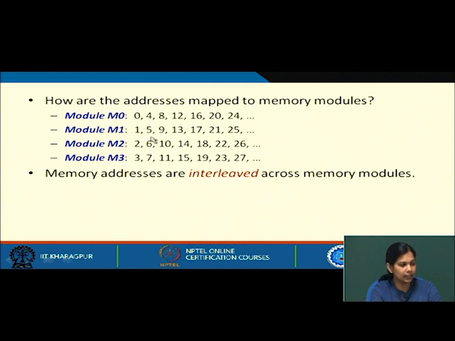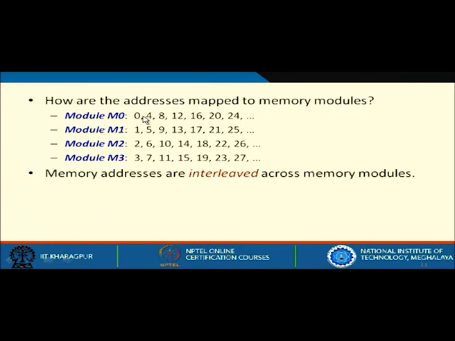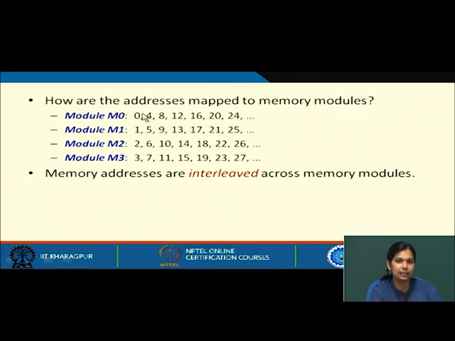So, what advantage can we get if we have consecutive words in consecutive modules? If there is a way to select all the modules and we have a large enough data space that can transfer the data from all these modules simultaneously, then we can get 32-bit data at a time.